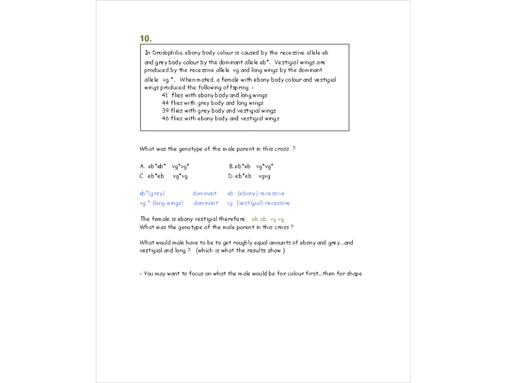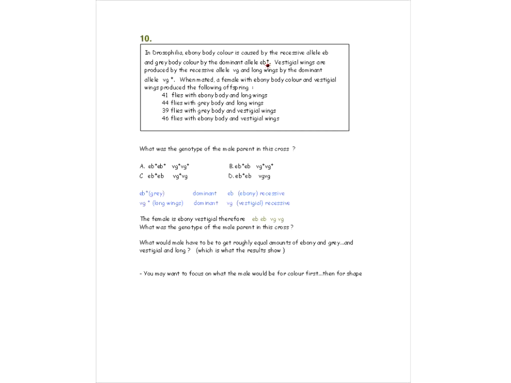So again we're dealing with fruit flies, and this time we've got the recessive allele eb for ebony body color, and gray body color by the dominant allele. So ebony color is eb, and gray body is going to be eb with a plus.